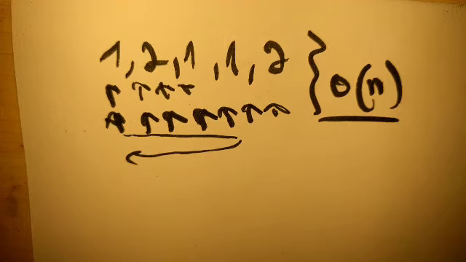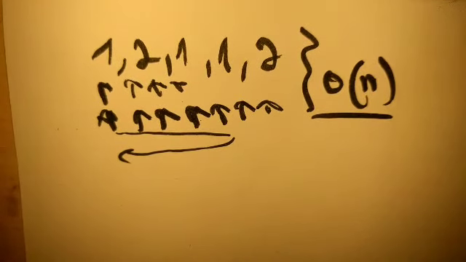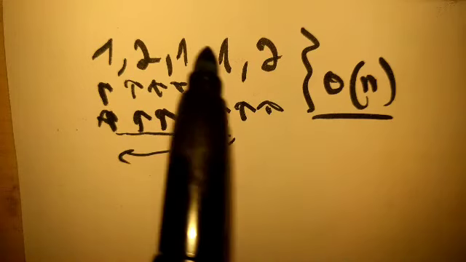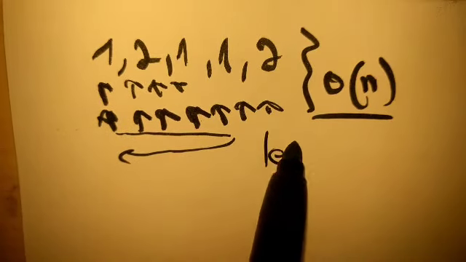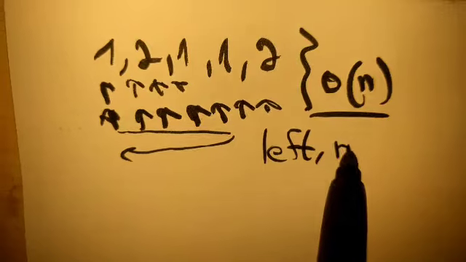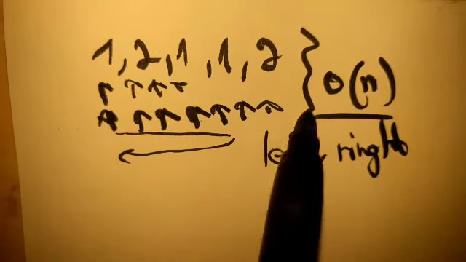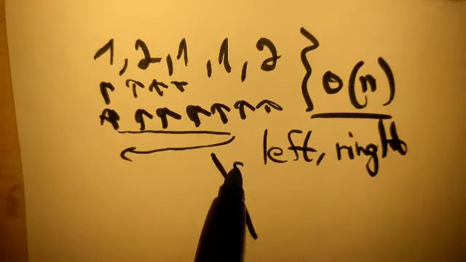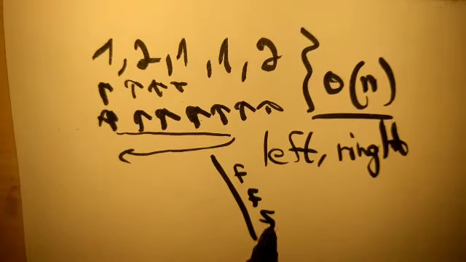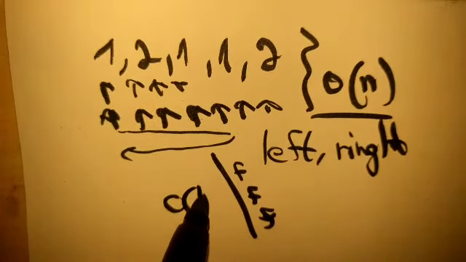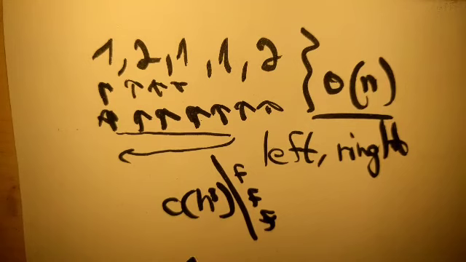Now, what do I want you to learn from this exercise? I want you to learn multiple things. First, that in order to scan an array like this, you need a left index and a right index. The brute force of 3 for loops is O of n cubed.